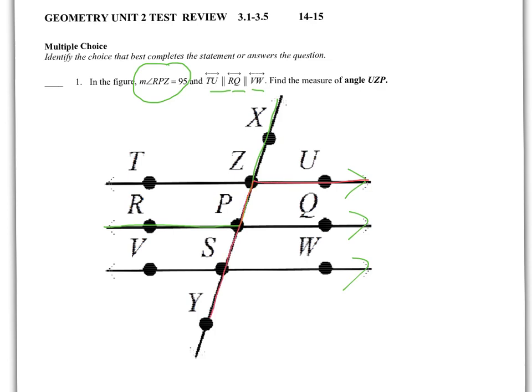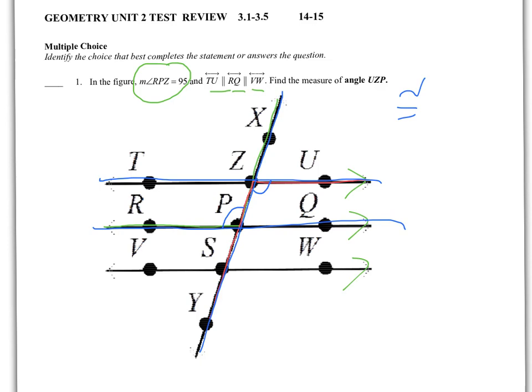Well, if these two lines are parallel, then these two angles, cut by this transversal, are congruent because they are alternate interior angles.